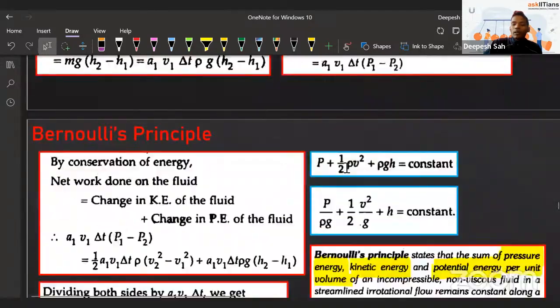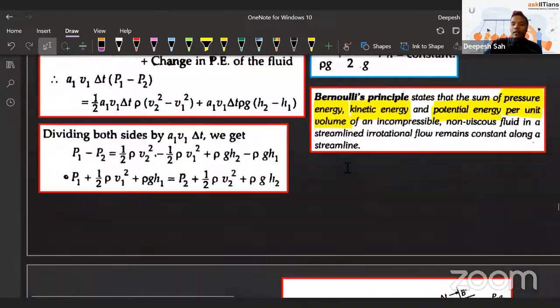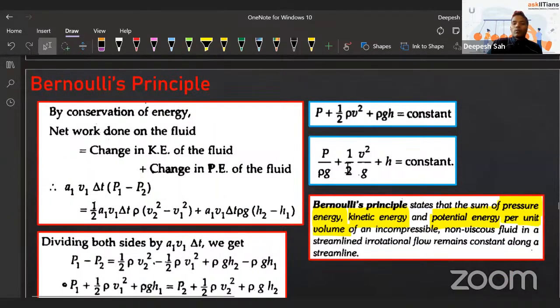Now coming back to the point, just like we say that there is potential energy per unit volume and kinetic energy per unit volume, there is pressure energy per unit volume. The sum of all the three of them is constant, which is Bernoulli's principle.